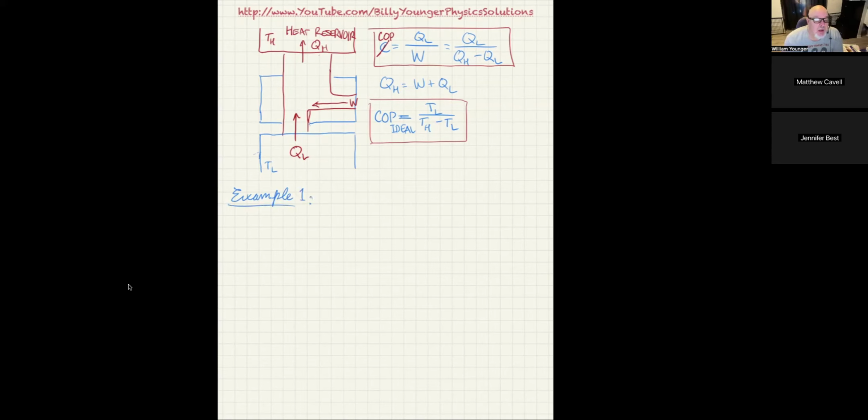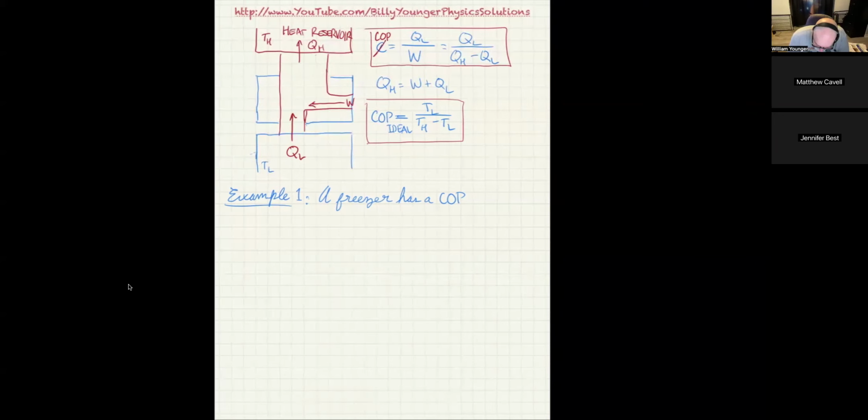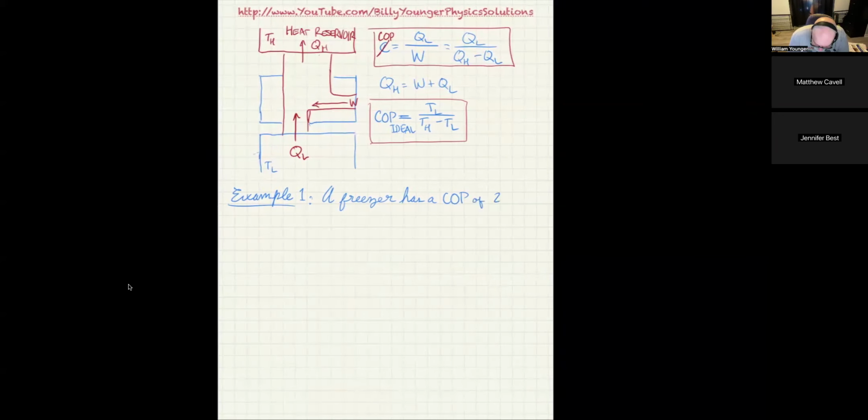Okay. A freezer, in this case, has a coefficient of performance, which we just call COP, even though it's technically an acronym, so it's supposed to have periods and all that good stuff. But we're going to say it has a COP of 2.6.